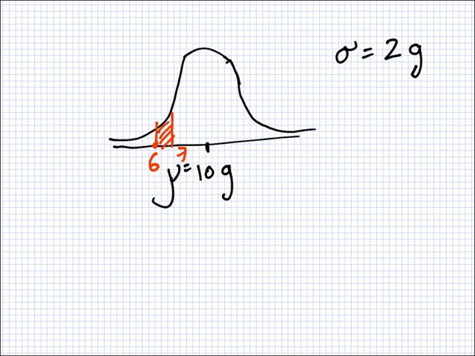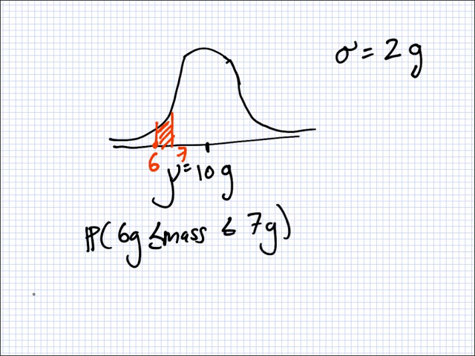So you want to calculate this probability. I want the probability that the mass is between 6 grams and 7 grams. Okay, let's calculate that now.